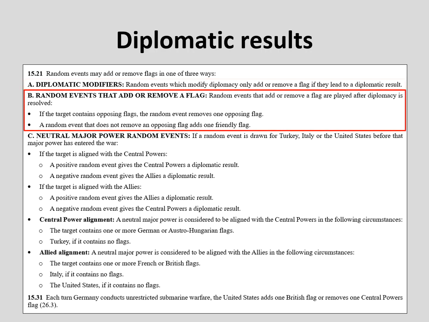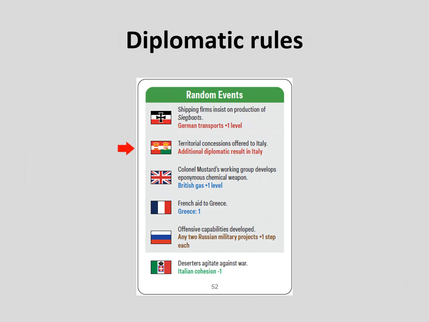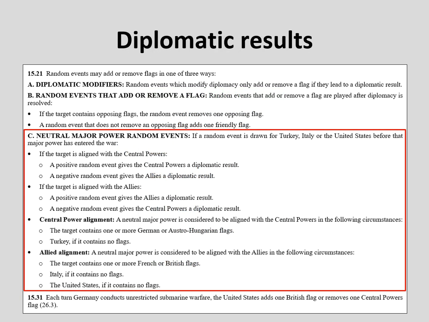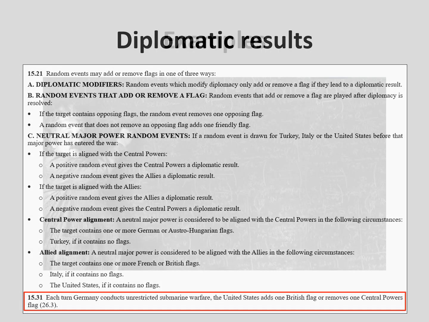While diplomatic random events usually modify the drawing major power's diplomatic effort in a target, there are some random events that trigger a diplomatic result, apart from any normal diplomatic results. Random events for neutral major powers always trigger a diplomatic result. Finally, each turn of German unrestricted submarine warfare triggers a pro-Allied diplomatic result in the United States.